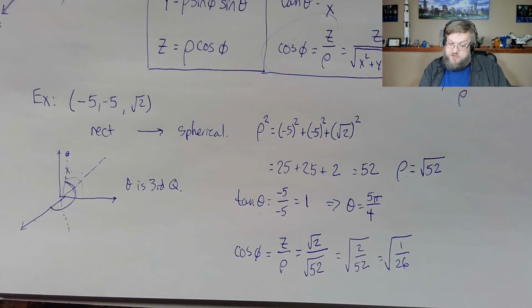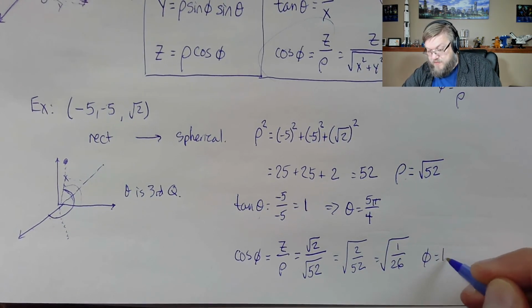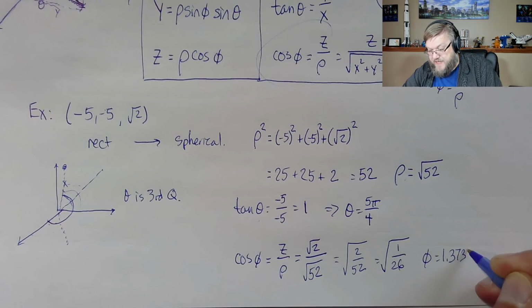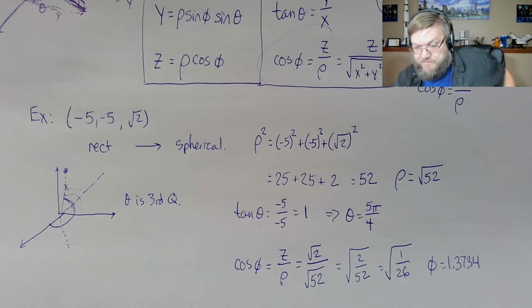Typing that in, make sure you're in radian mode, because you must report your coordinates in radian mode, real numbers. So I'm going to do inverse cosine of square root of 1 over 26. And so I get that phi is about 1.3734 radians. And that's the best I can do.